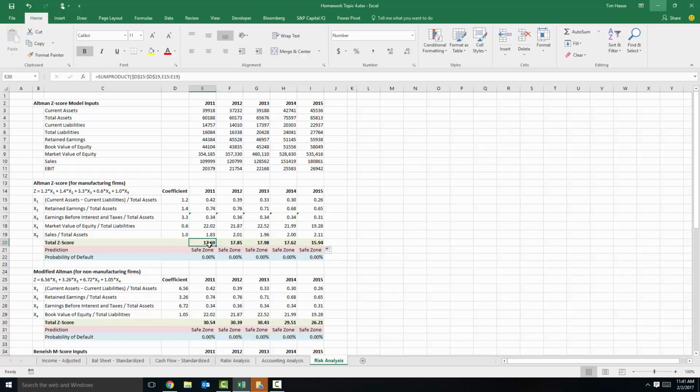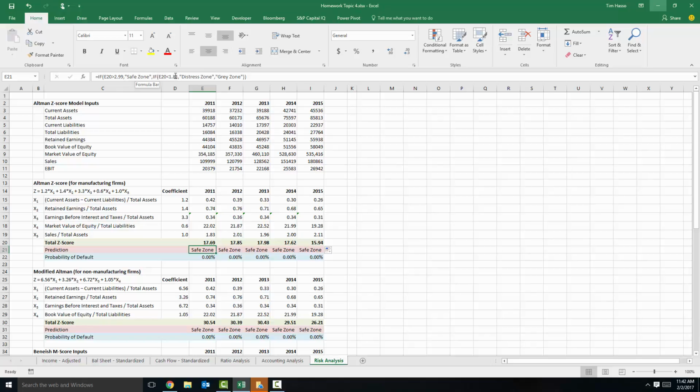Now what this gives us is a total z-score. The Altman model works by looking at the z-score and saying that if it's below a certain value, then it's safe, if it's above a certain value, and so on. So here on row 21, we can actually see the prediction. It says safe zone. If you look at the formula that I created, it basically says that if the value is above 2.99, it's safe, meaning that it's probably not going to go bankrupt.